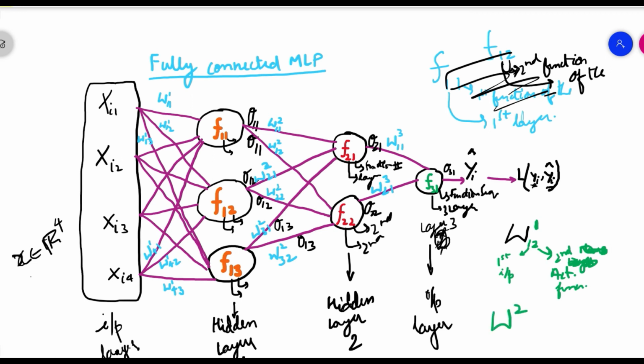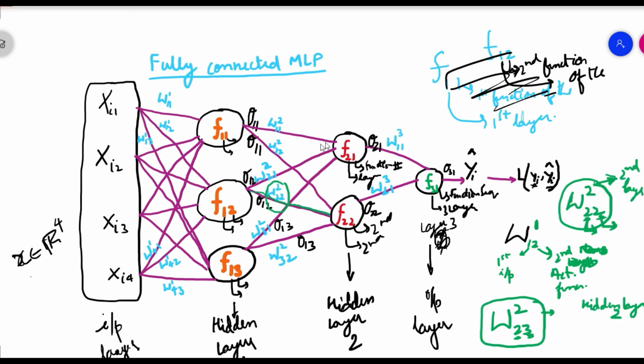So if we have been given W2, W3, what does this notation represent? This weight will be going as an input to hidden layer 2, going from the second activation function of hidden layer 1 to the third activation function of hidden layer 2.